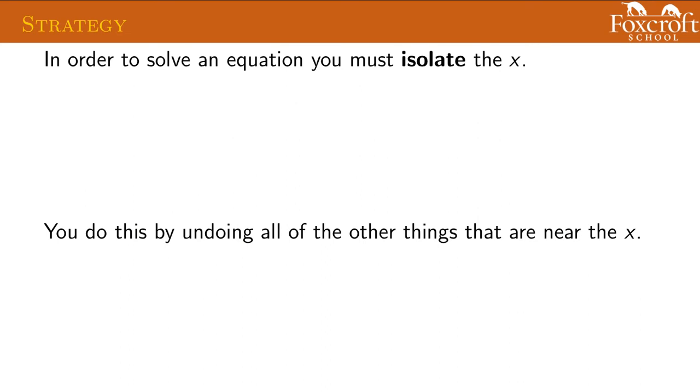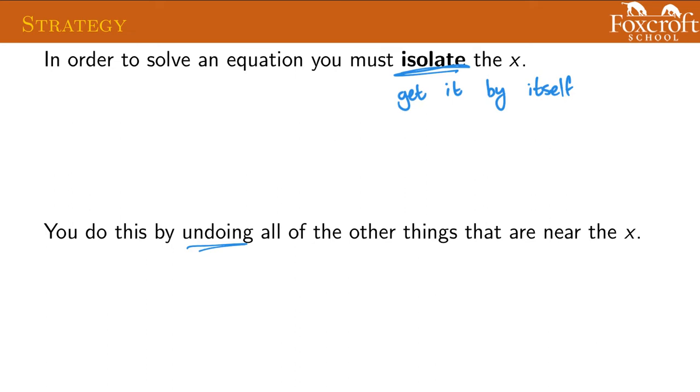So our general strategy for solving these types of equations, you want to isolate the x. Isolate just means get it by itself. And we're going to do this by just slowly undoing all the other things that are near the x.